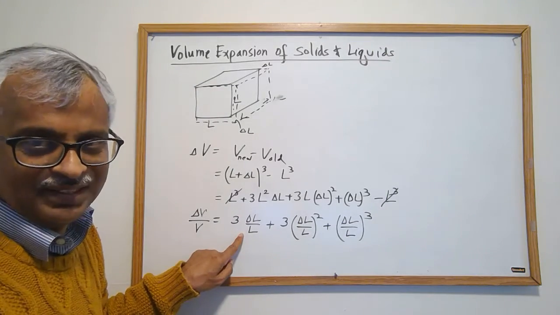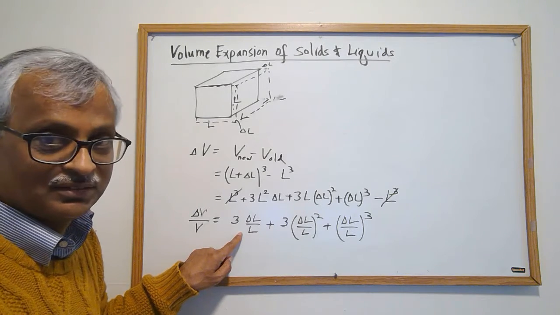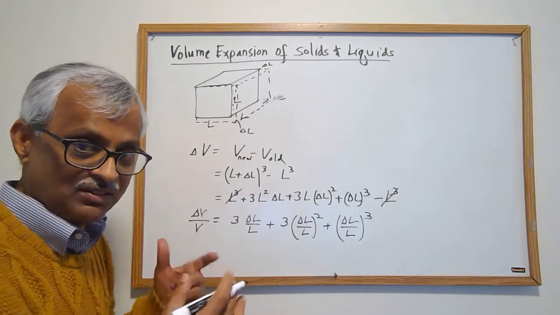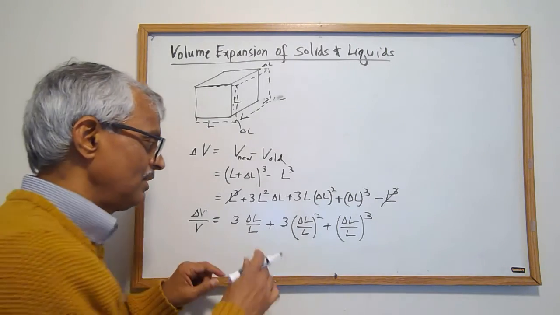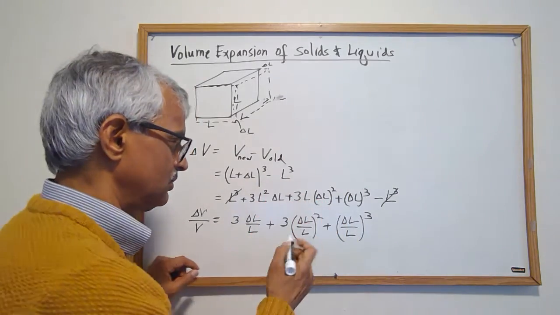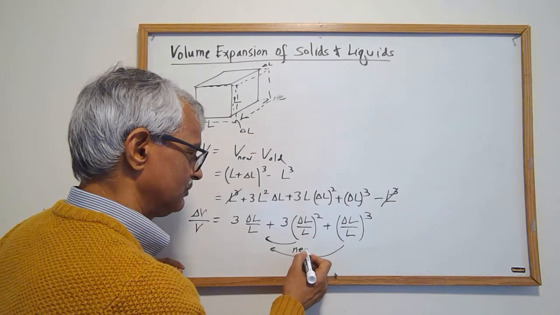Delta L over L is small, less than 1, okay? So it's a very small percentage of the full thing that changes, right? So if you square it, it's getting smaller. The cube is even much smaller. So these, compared to that, are negligible.